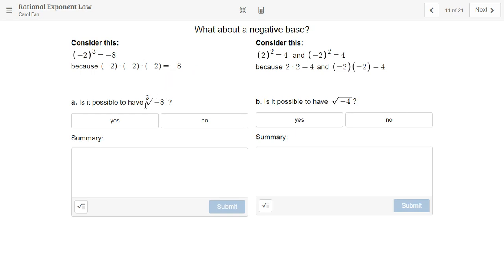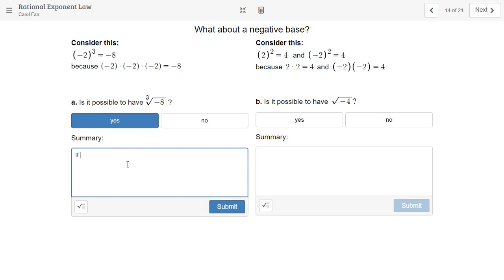Now, if I'm going backwards, is it possible for me to have the third root of -8? Yes, that would be possible because the index tells us how many times we have to multiply the base together. So if the index is an odd number, then it's possible to have a negative radicand.